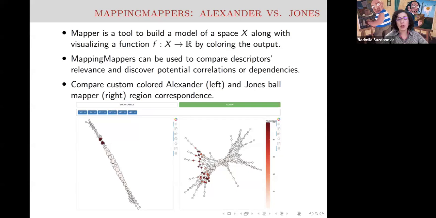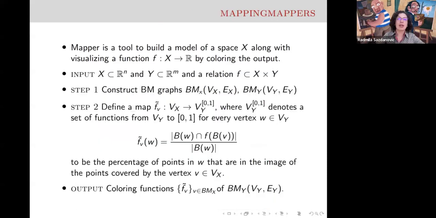So how does this work in general? Again, there are a lot of words here. But basically for mapping mappers, we have two point clouds, both embedded in really high dimensional R, and then we have some relation between them. I'm denoting it by F. It could be a function, but it doesn't need to be. What we do is construct the ball mapper graph of one point cloud and the ball mapper of the other point cloud.